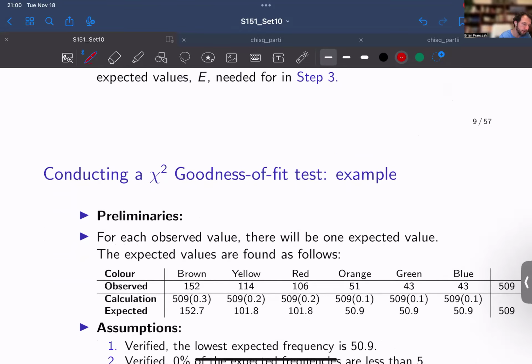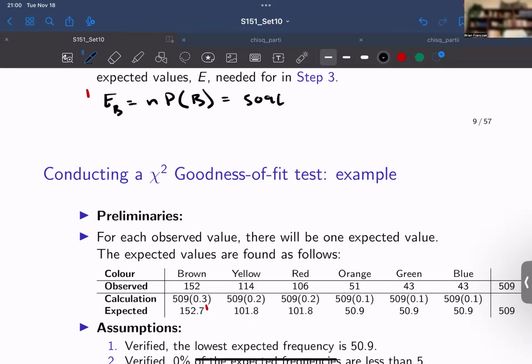Just to highlight this, number 1: the expected value of brown M&Ms is equal to the sample size times the probability of observing a brown M&M, which is 509 times 0.3, which is 152.7. This table is just summarizing the formula provided on the previous slide.